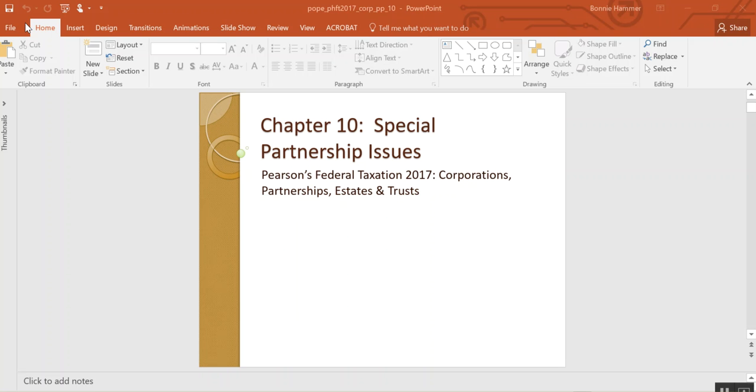Well, basis is defined as the amount of money or property that you use to buy another piece of property. And let's say that you buy a piece of property for $30,000, and that property is a partnership interest in a partnership.